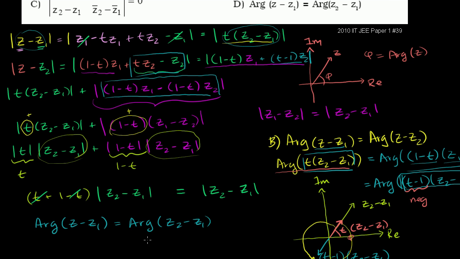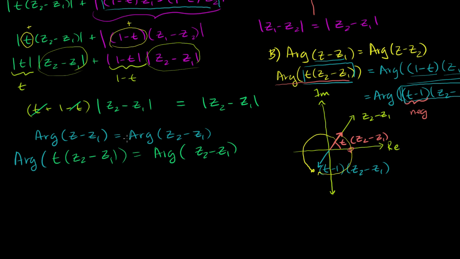So let's think a little bit about this right now. Once again, we already figured out what z minus z1 is equal to. It's equal to this business over here. So this statement is equivalent to the statement that the argument of z minus z1, which is t times z2 minus z1, leveraging our algebra in the last video, is equal to the argument of z2 minus z1? Well, once again, let's draw our Argand diagram here.